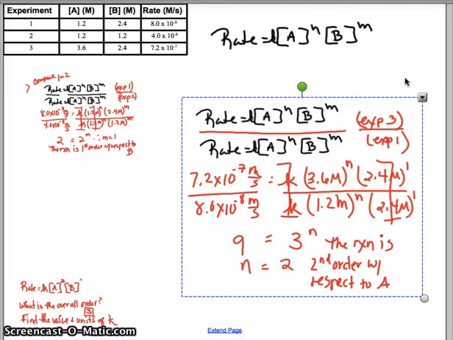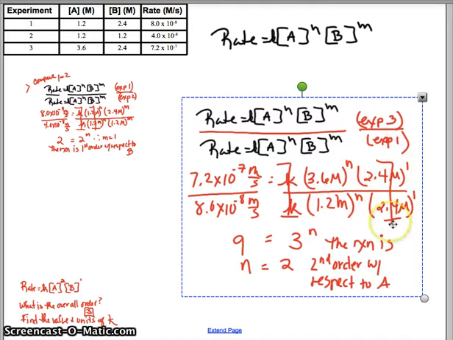So now I take the rate is equal to K times 3.6 molar, this is experiment 3, to the nth power times 2.4 to the mth power, first order, which we already established, over 8 times 10 to the negative 8 molarity per second, is equal to K times 1.2 capital M to the nth power times 2.4 M to the 1 power.